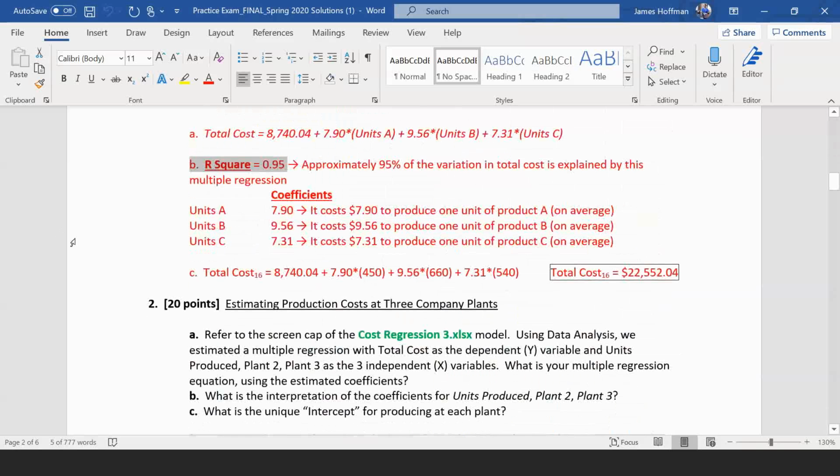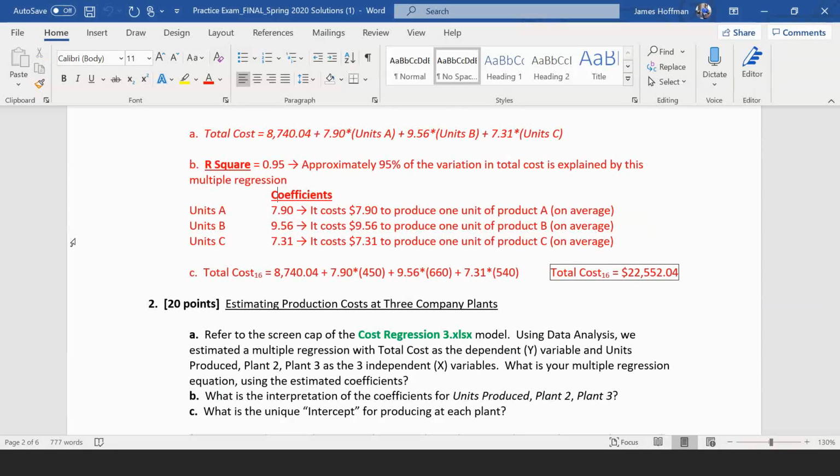Okay, you should recall that that is the percent of explained variation for the dependent variable. In this case, that's total cost. All right, so just interpret that decimal as a percent explained. So in this case, it's 95%. So approximately 95% of the variation in total cost is explained by this multiple regression.